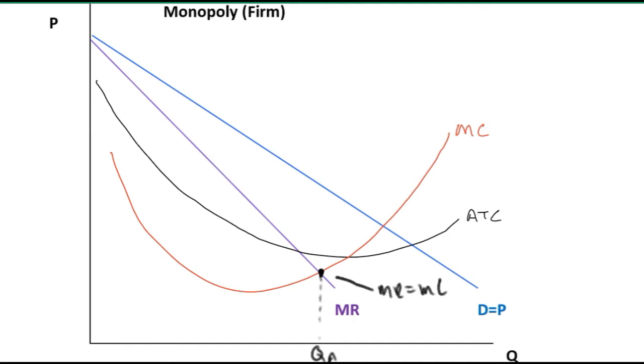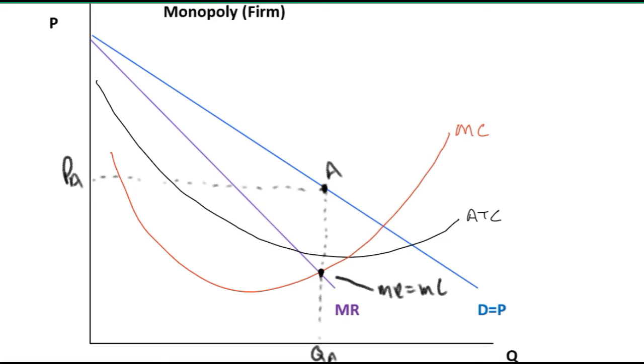We'll call this quantity A. If the firm is going to produce this quantity, it will charge price A. So again, we determine the quantity by finding the intersection of marginal cost and marginal revenue. That tells us that the firm is going to maximize profit by producing quantity A. We draw our line up to the price line, and that gives us the price that the firm can charge.